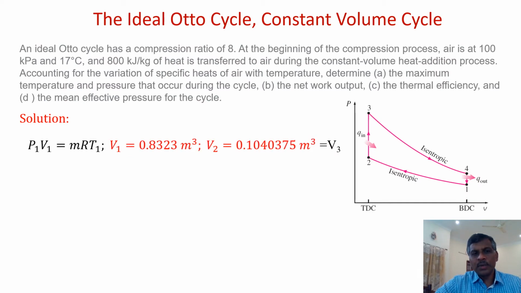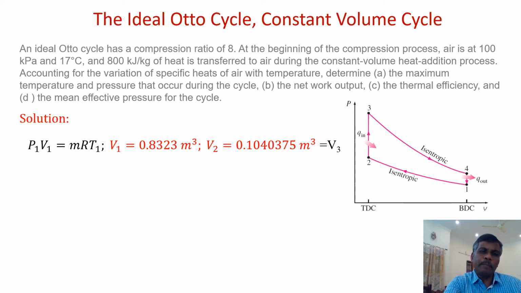For example, because they have asked for the work net and the mean effective pressure, we need to calculate V1 and V2. So how to calculate V1, which is not given? They have given V1 by V2 only as 8, that's the compression ratio.